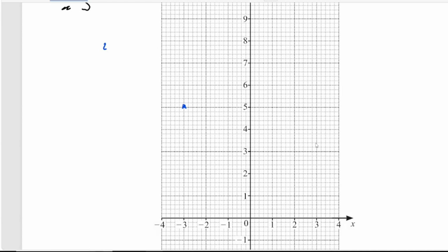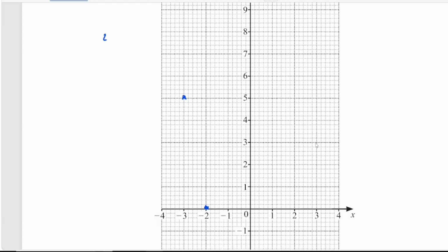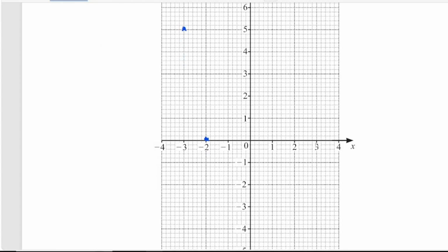Next is negative 2, 0. So negative 2 on the x-axis, 0 on the y-axis, that is here. The next is negative 1, negative 3. I have the values written, so I'm just reading from that. Negative 1, negative 3 over here. 0, -4.